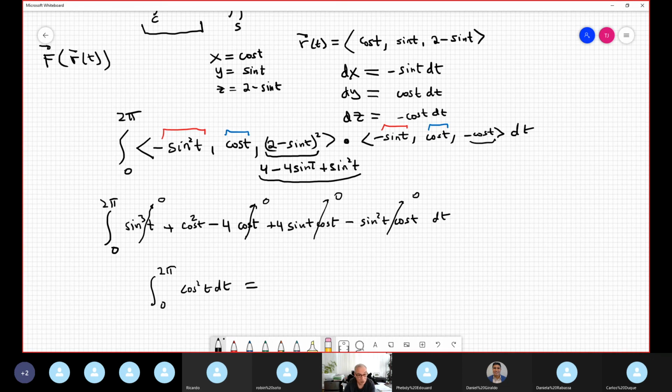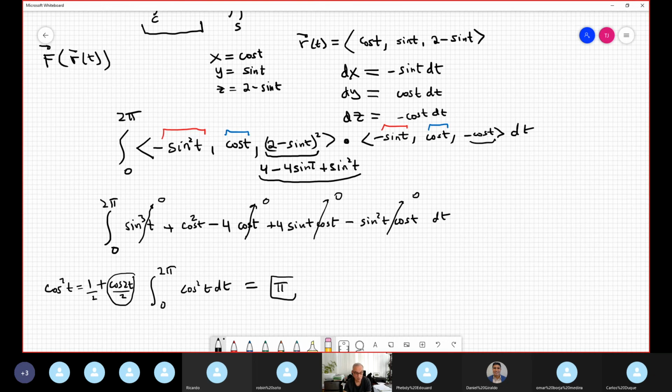One more time, I use the half angle formula: cosine square t is equal to 1 plus cosine 2t divided by 2, no? Divided by 2 here and divided by 2 here, right? And this integral is 0 again by the same reason, because it's one period, and only one half times pi stays alive. The answer is pi.